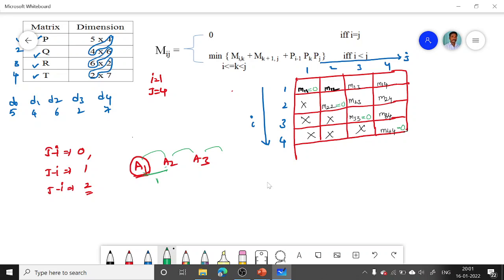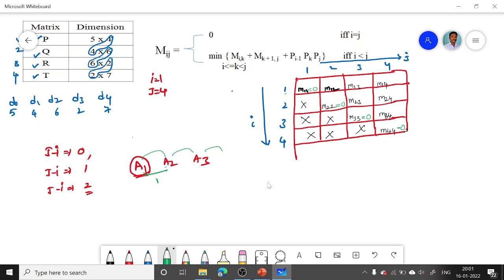I is not equal to J. The reason is I is 1 and J is 2. So not equal to J. If it is equal to J, then it is 0. But when it is not equal, we must observe whether I is less than J or not. Yes, I is 1 and J is 2, so 1 is less than 2.